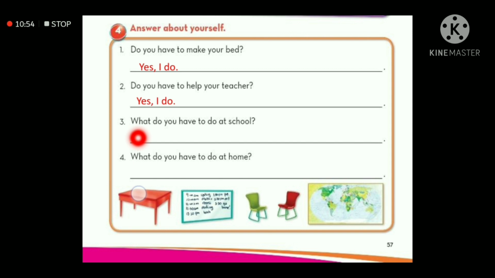So هون الجواب ما رح يكون yes or no. It will be a full answer. Okay. So what do you have to do at school? He's asking about what do you do at school. Okay. So الجواب رح يكون I have to collect the books. Okay. نلاحظ رابع this is full answer.